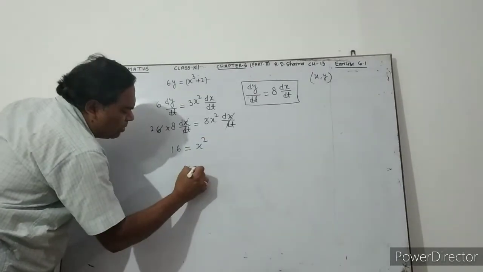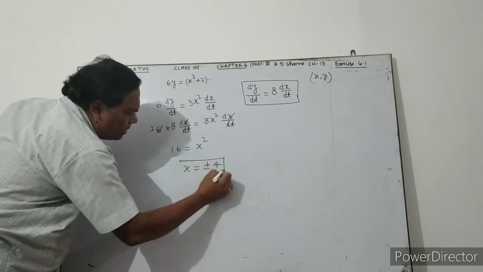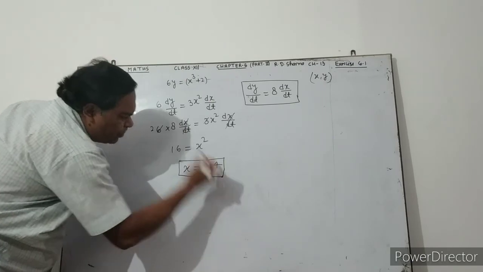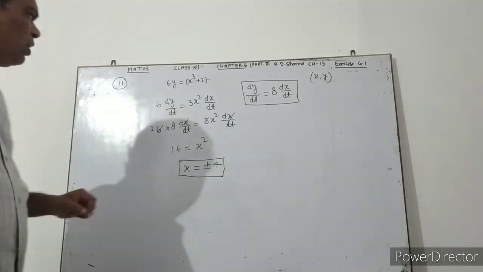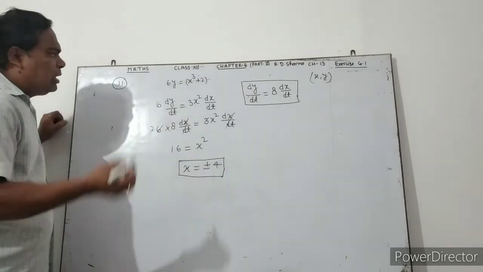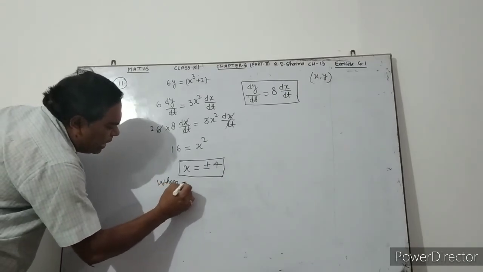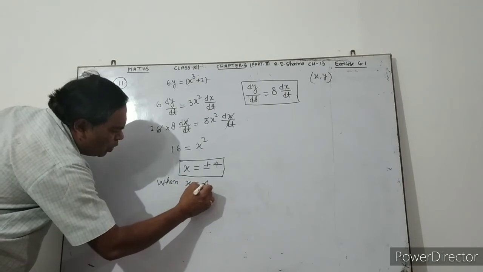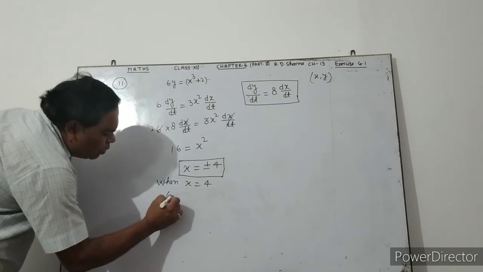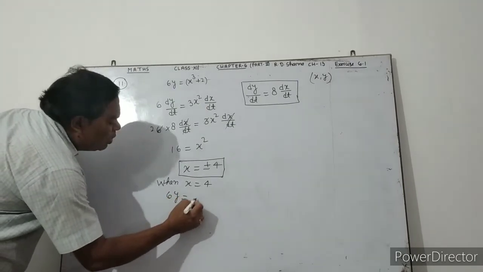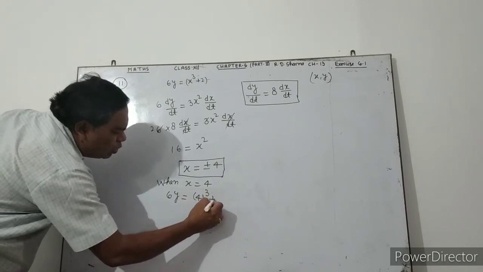Then what is the value of x? The value of x is plus minus 4. Now we put the value of x in y. First, when x equals 4, then 6y equals 4 cube plus 2.